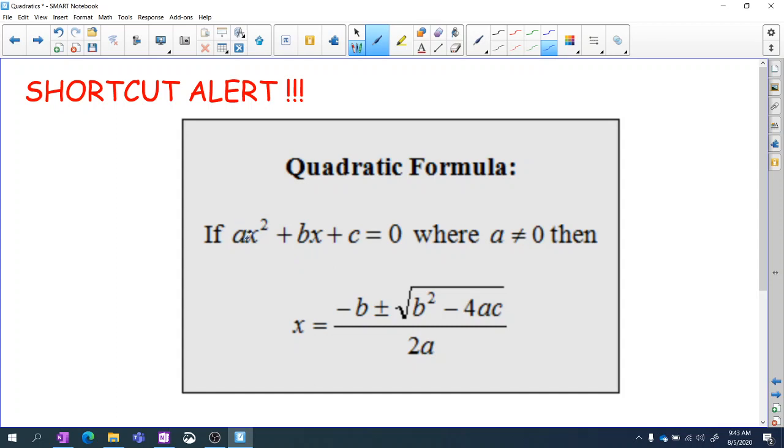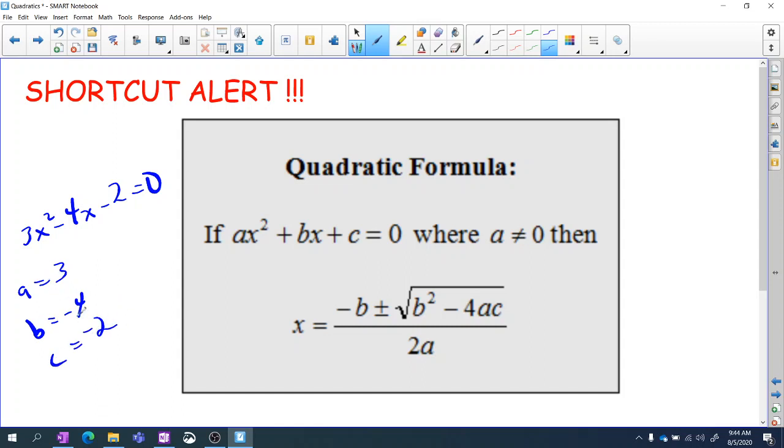A is always your coefficient of the x squared, B is your coefficient of the x, and C is your numerical term here, including the sign in front of them. So for example, if I had 3x squared minus 4x minus 2 equals 0, A would be 3, B would be -4, and C would be -2.